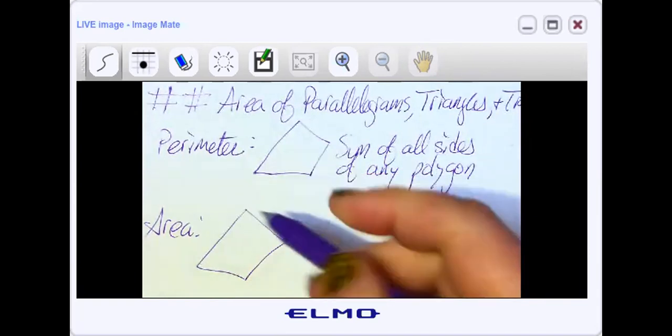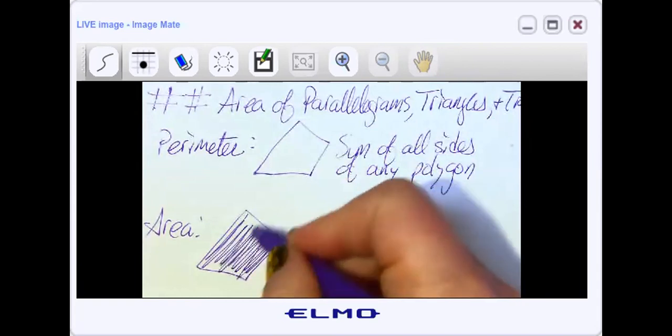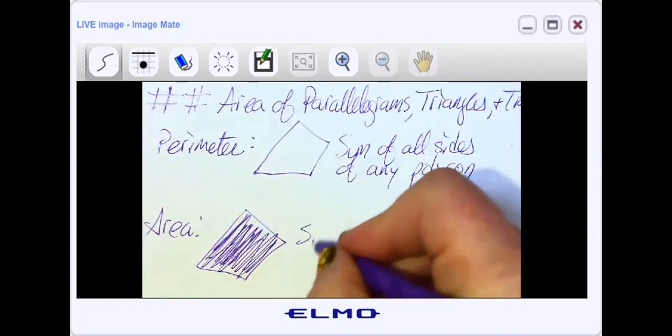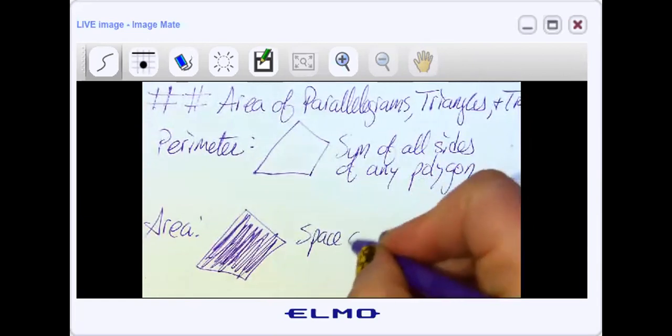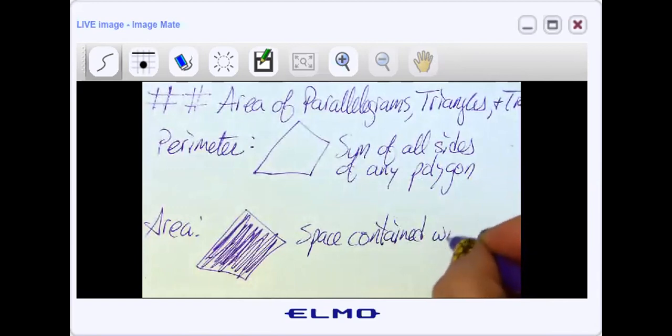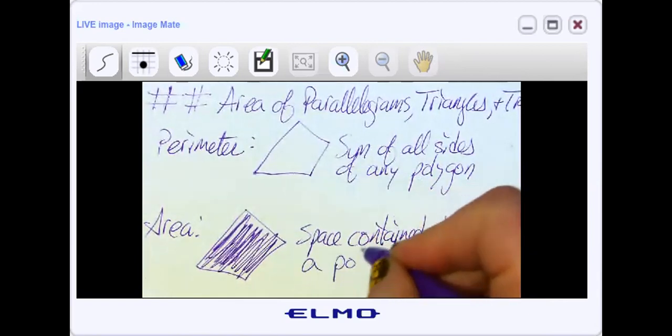So if I had the shape, area is everything on the inside. Area is simply the space contained within a polygon.